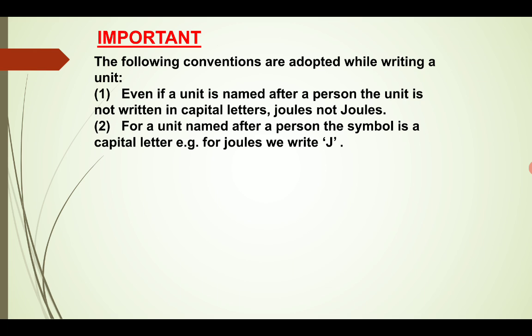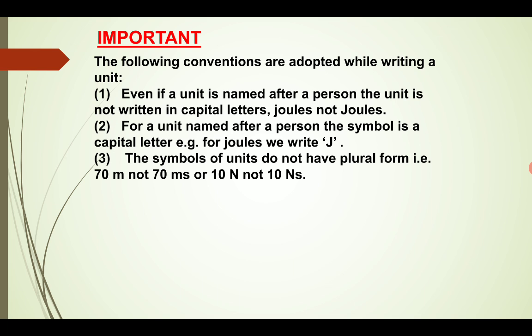Now the symbols of units do not have a plural form. Here we have an example: 70 is plural, but the unit assigned is singular, that is meter. We write it as 70 meter, not 70 meters.